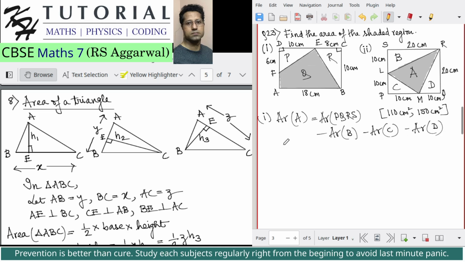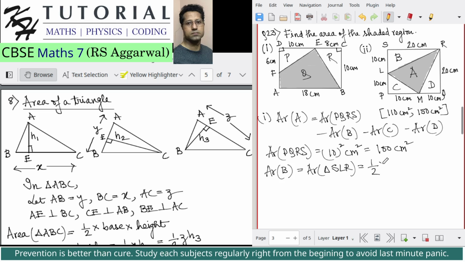Okay, let's find the area of PQRS, the square, and the area of the triangles B, C, D. So area of PQRS, which is a square, is obviously side square, that is 10 centimeter square, which is equal to 100 centimeter square. Okay, area of the region B, which is the triangle SLR, is equal to half.